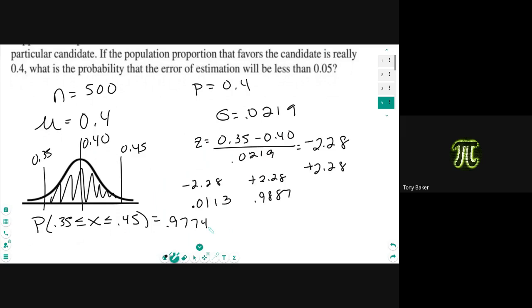Sounds about right. So 0.9774. So I have a 97% chance that the actual information is between those two values.